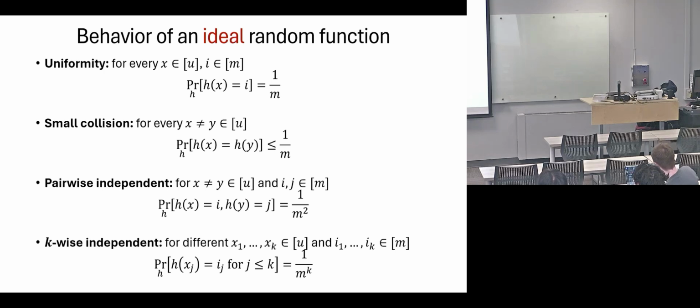One thing is pairwise independent, which is for any two different elements x and y, and any i and j from the range, i and j might be the same, x is mapped to i and y is mapped to j with probability 1 over m squared. This is what pairwise independent is. If your family satisfies this one, it would satisfy this one and this one.